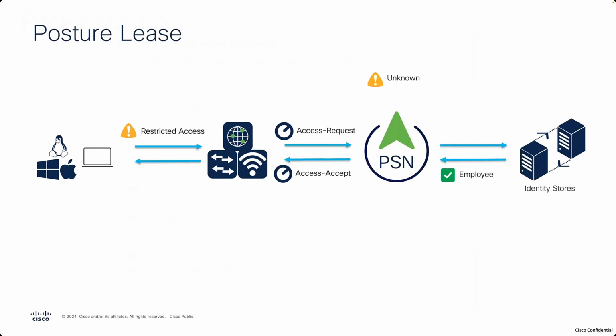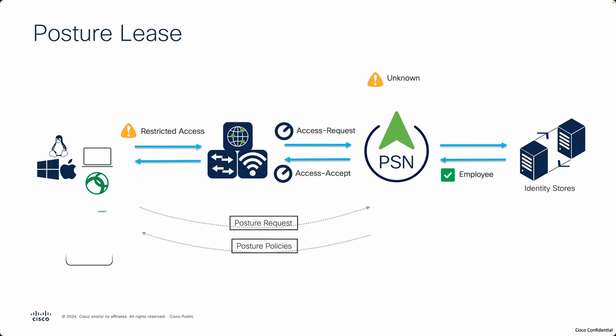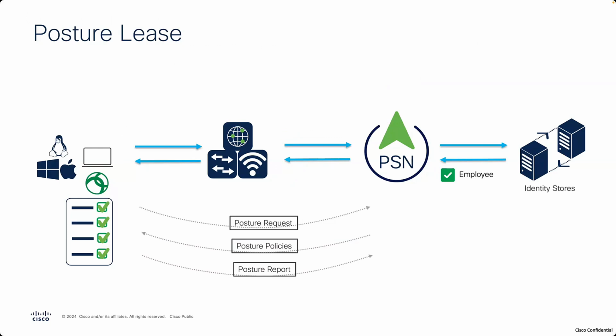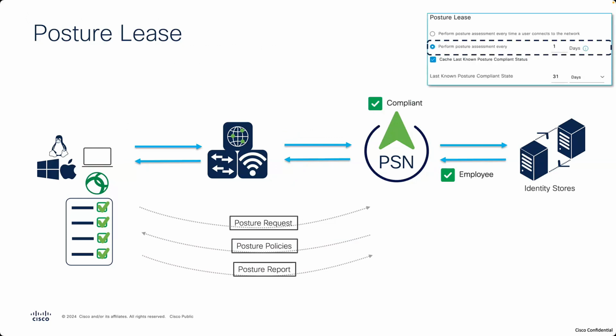Consider these endpoints are connecting to the network for the first time, and ISE doesn't even know the posture of that endpoint. Initially, we're going to provision the endpoint with Cisco Secure Client. Cisco Secure Client discovers the PSN, goes through the posture and policies evaluation, and submits the report back to ISE.